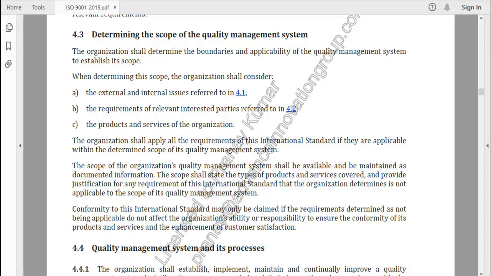A point of caution here: being able to convince the auditor for exclusion is going to be very difficult. So you must have justifiable reasons, and that reason cannot impact the organization's ability or responsibility to ensure the conformity of its products and services and enhancement of customer satisfaction.